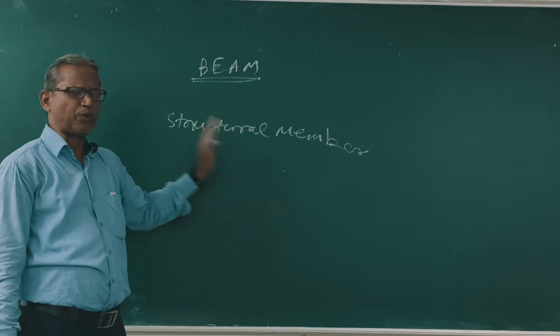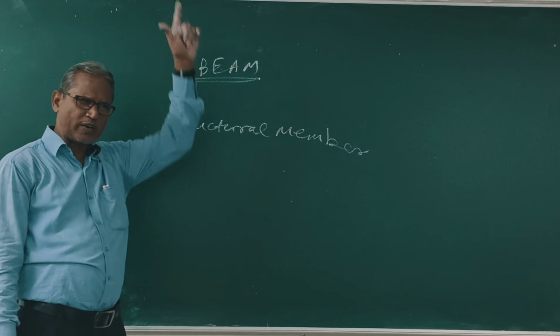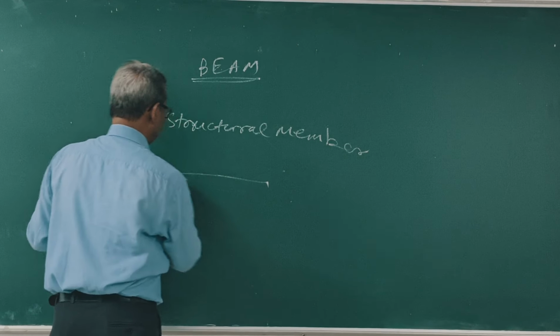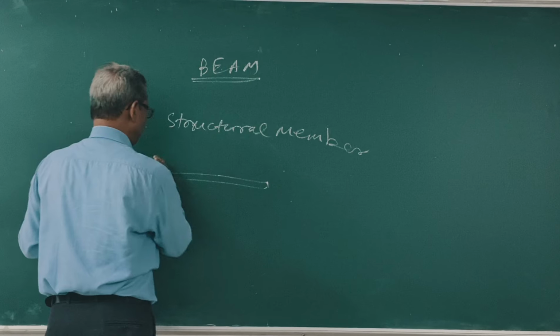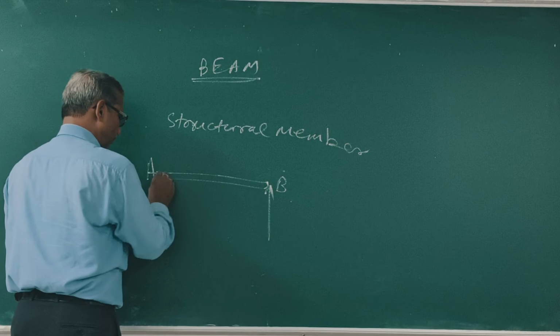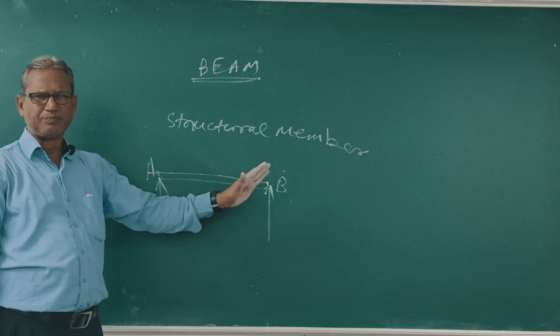So what is the purpose of a beam? What is its work? Its work is to take load. Suppose this is a beam, with two supports at A and B.